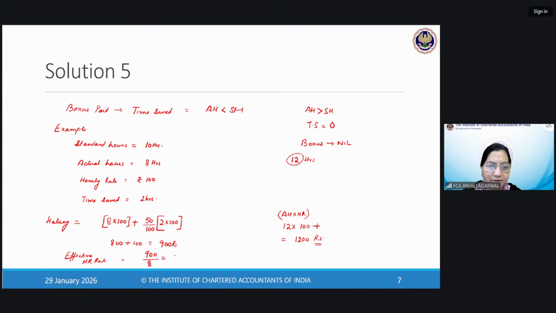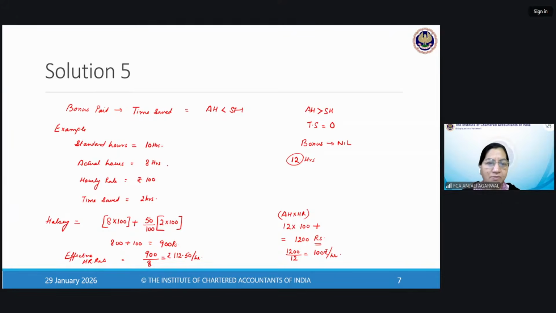So he is effectively getting 112.50 rupee per hour. Whereas this person, worker B, gets 1200 on 12 hours. He ends up getting only the hourly rate of 100 rupee per hour. So effectively, he has been able to generate effective hourly rate at a higher rate.